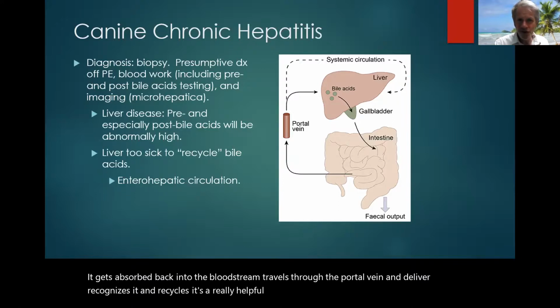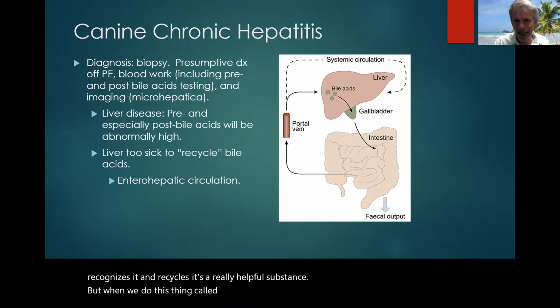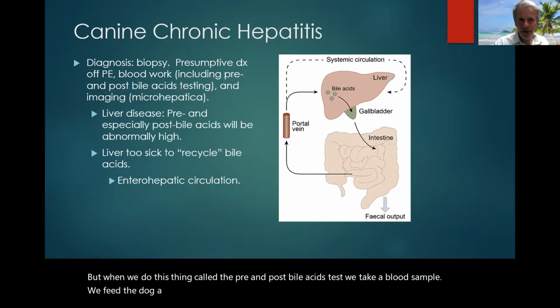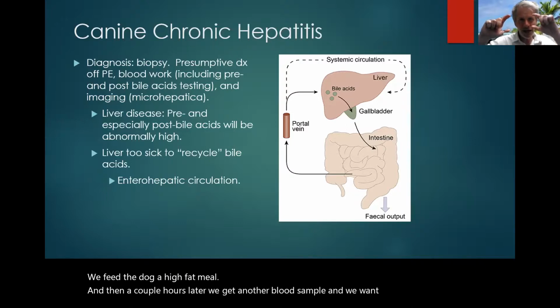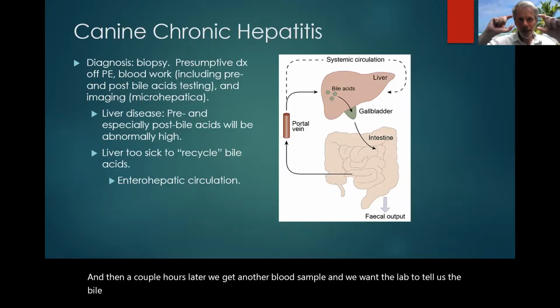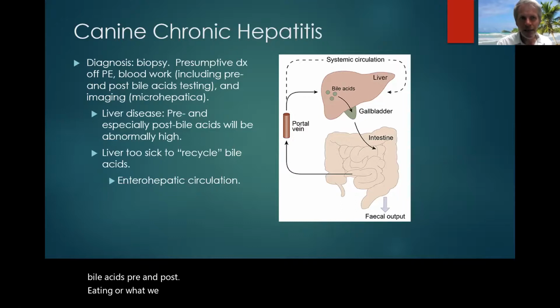But when we do this thing called the pre and post bile acids test, we take a blood sample, we feed the dog a high fat meal, and then a couple hours later, we get another blood sample, and we want the lab to tell us the bile acids pre and post eating, or what we call pre and post prandial.